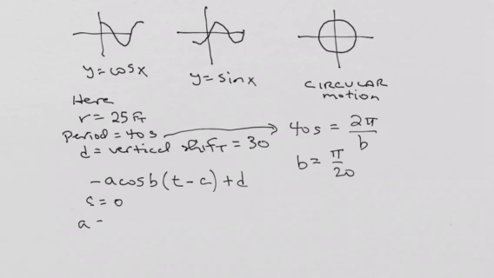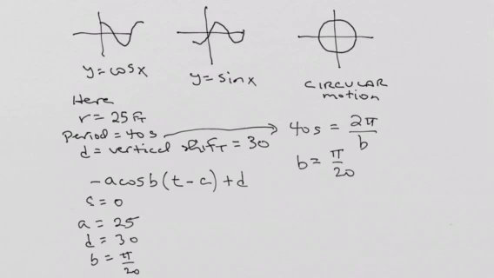Our amplitude is how far up and down it goes, and that is just our radius, so that is 25. Our d, as I already said, is 30. And our b is pi over 20.